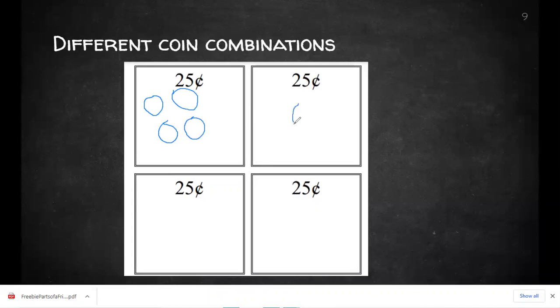So just 1 quarter has the value of 25 cents. I'm going to put a Q right here to let us know that that's a quarter. What's some other ways that we can get 25 cents?